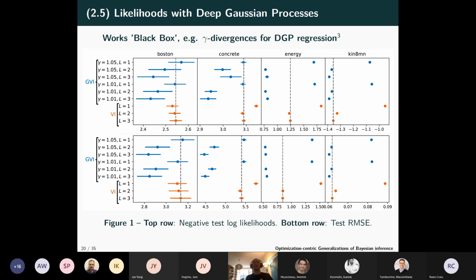And another problem is actually that the likelihood model you actually attach at the end of your very complicated hierarchy of priors is fairly simplistic.